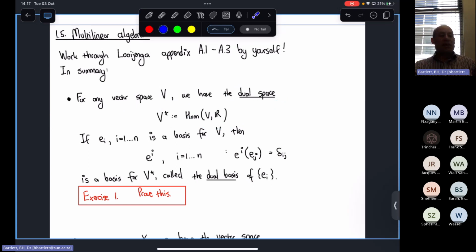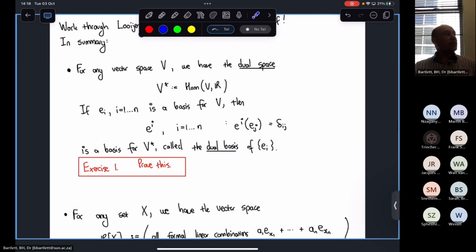And for us right now, our ground field is R, the real numbers. So it's a space of linear functionals on V. And if V is a finite dimensional vector space, and if you've got a basis for V, then you've got the dual basis for the dual vector space.